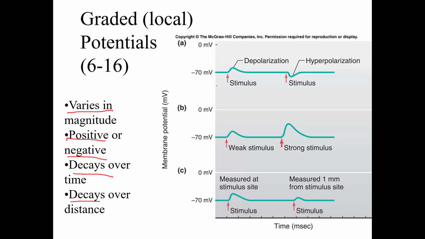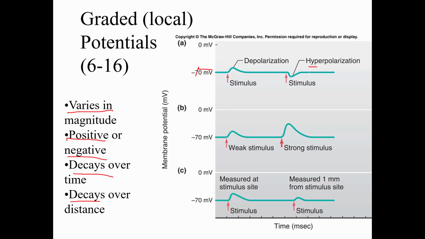So here's a graph. Here we're starting out at rest at minus 70 millivolts. We get a stimulus and a little bit of a depolarization. Notice it decays over time. We also could have a hyperpolarization where the stimulus causes positive ions to leave or causes negative ions to go into the cell. And we get a hyperpolarization.